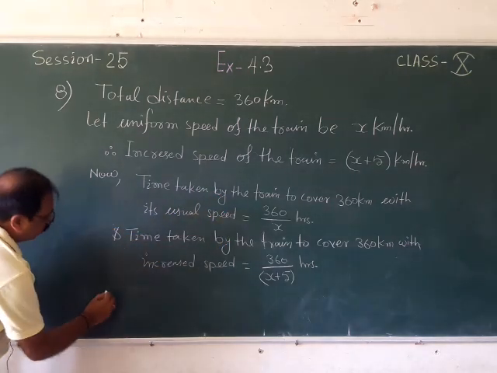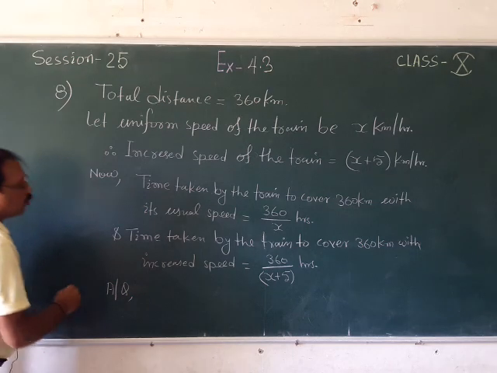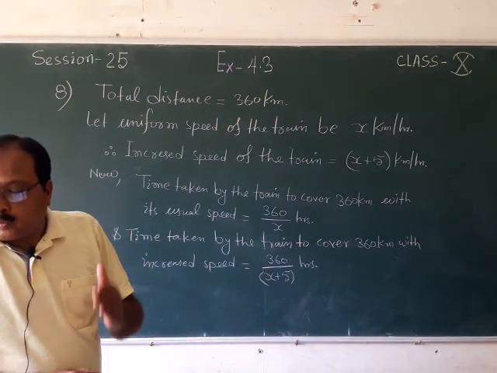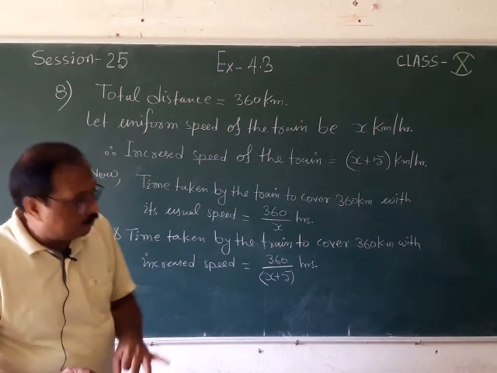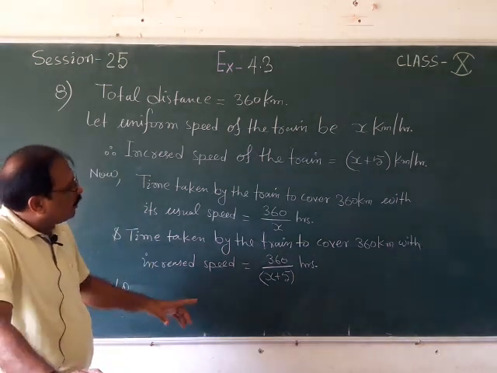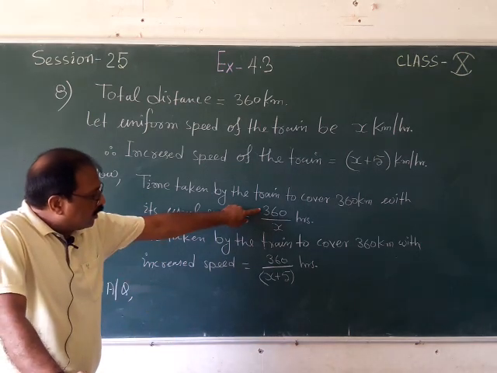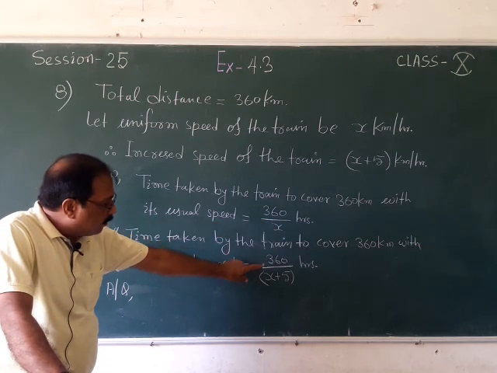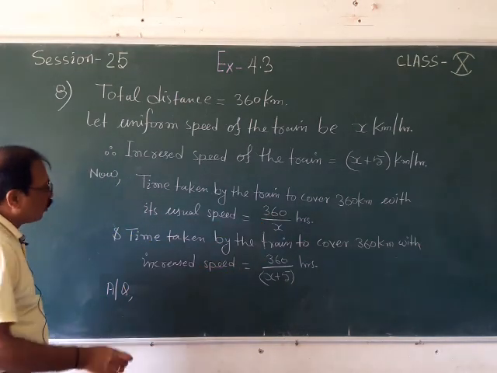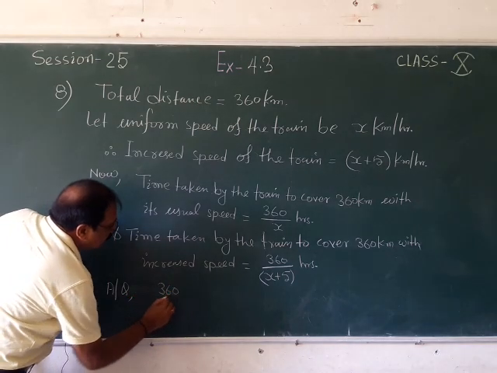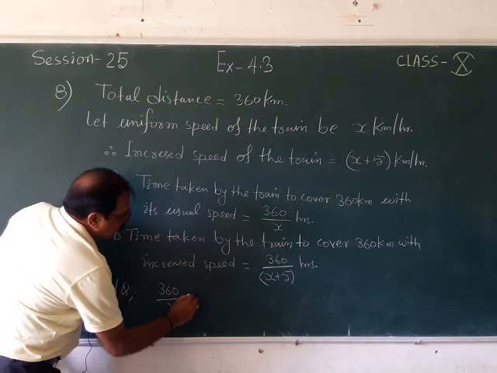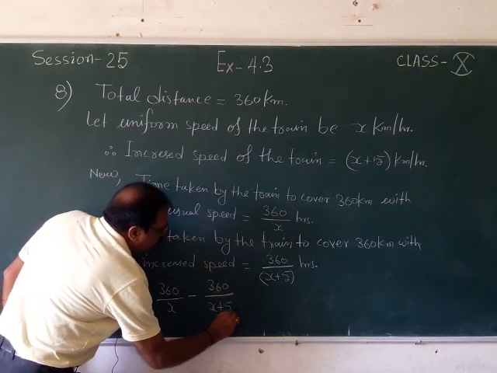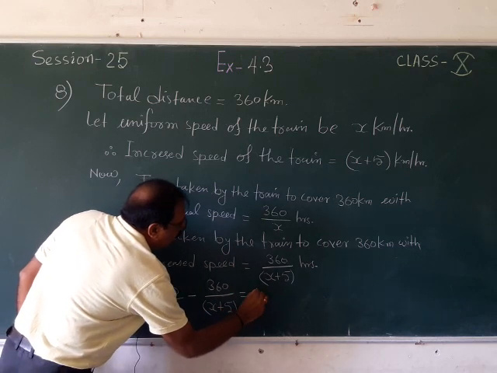Now according to the question, one thing is given here: it would have taken 1 hour less for the same journey. That means 360 by x is more time and 360 by x plus 5 is the less time. So, according to the question, 360 upon x minus 360 upon x plus 5 is equal to 1 hour.